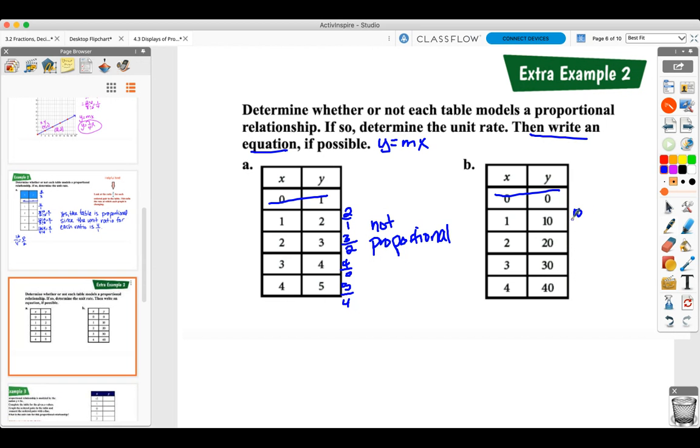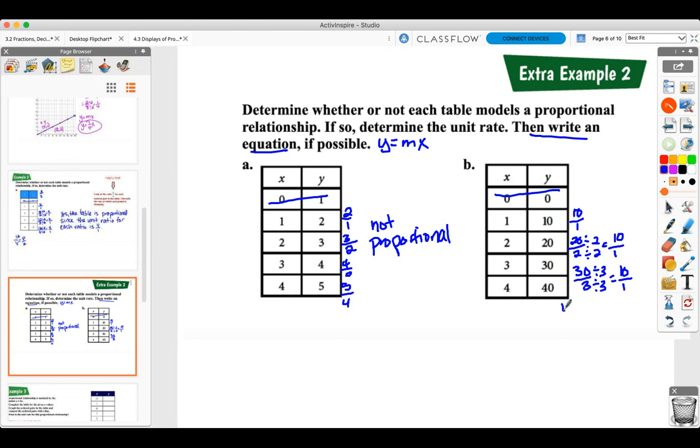So 10 over 1, 20 divided by 2. When you simplify, when you divide 2 into both of them, you get 10 over 1. And let me do that work for you. Remember, simplify, simplify, simplify. I'm a teacher that requires that. So 10 over 1. 30 over 3 equals, when you divide 3, you get 10 over 1.